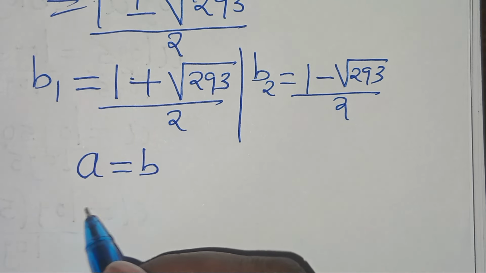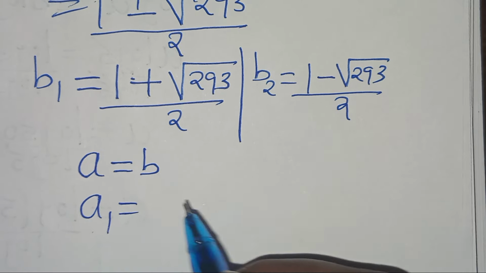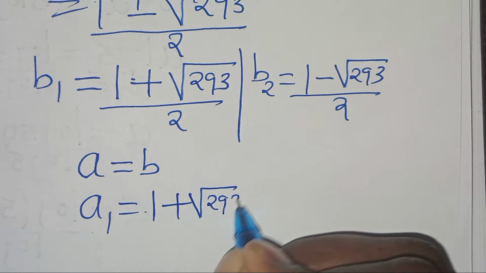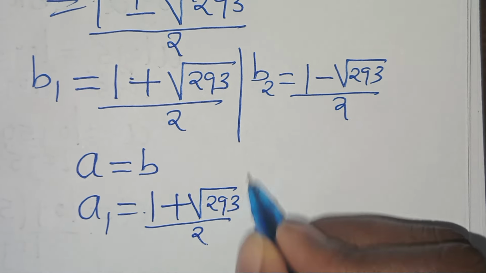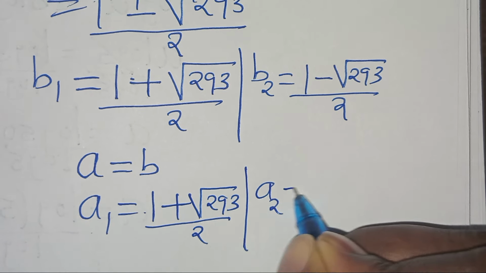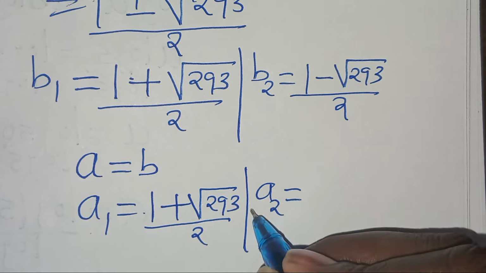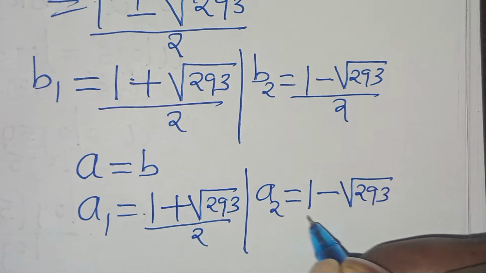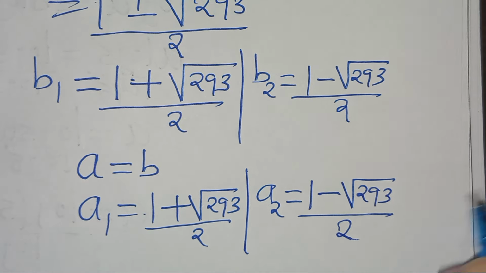So this means that a1 is also equal to 1 plus the square root of 293 divided by 2. And we have that a2 is equal to 1 minus the square root of 293 over 2.